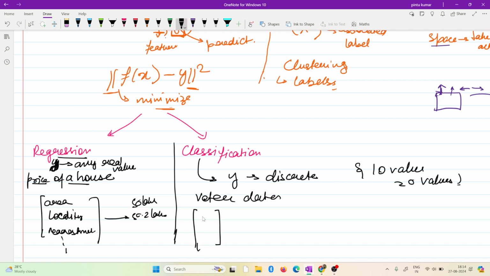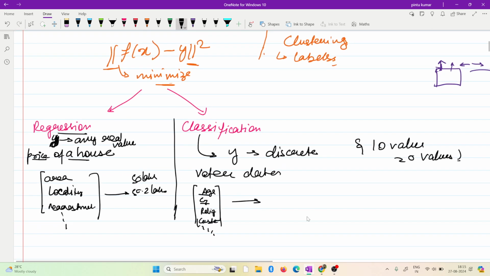In India, you will have his age, gender, religion, which is probably a crucial factor in India, probably his caste, education level, those kinds of things. And you want to predict which party he will vote for. The prediction that you're making will be selected out of one party. Either he'll vote for BJP or Congress, or Aam Aadmi Party or something like that.